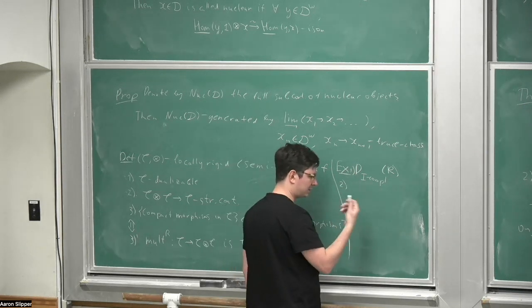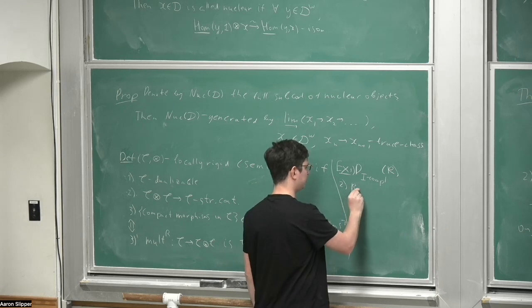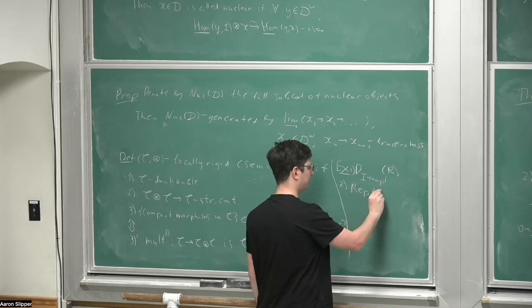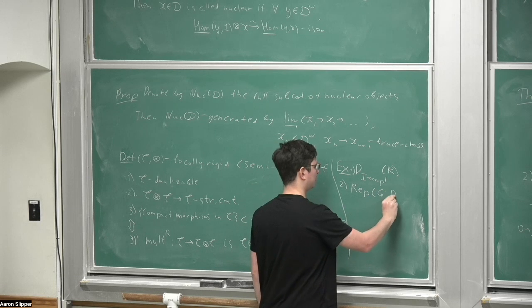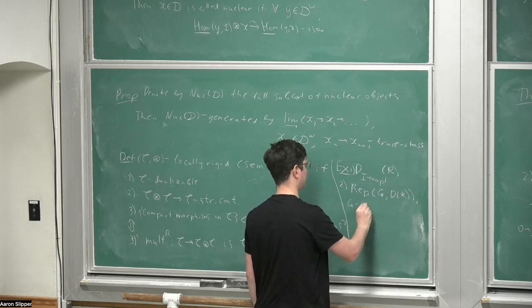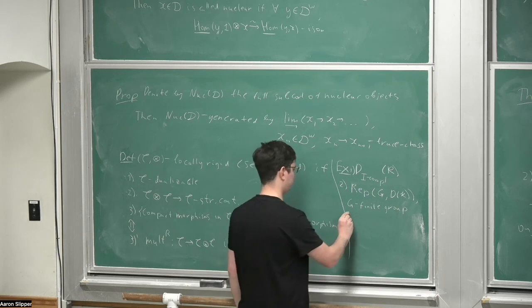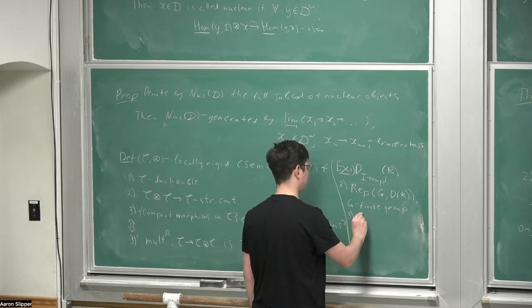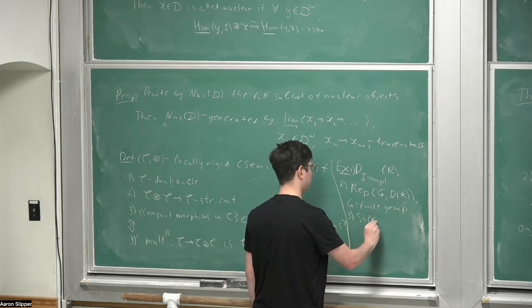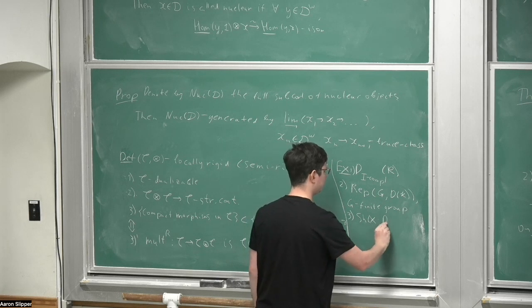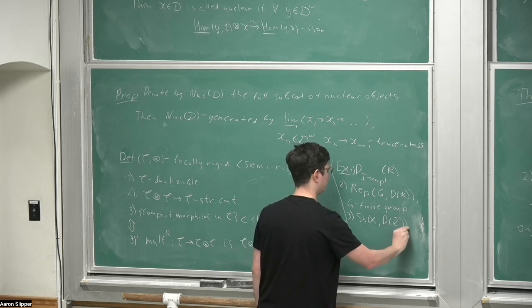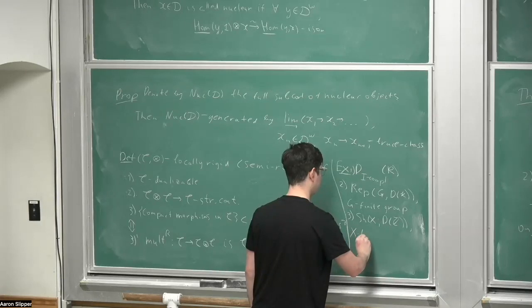Second is just representations of finite groups over some base. And third is sheaves, let's say with values in D of Z on a locally compact Hausdorff space.